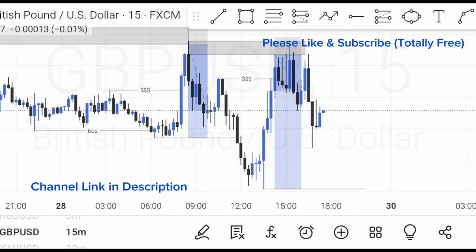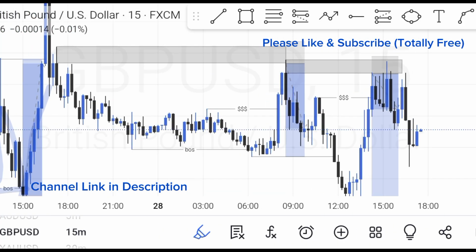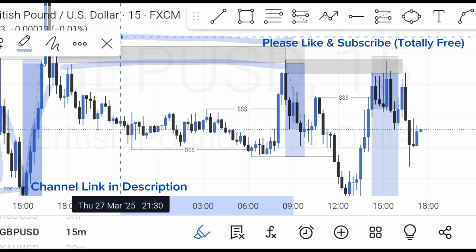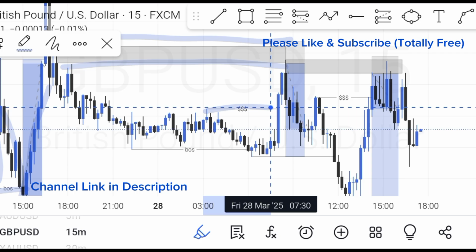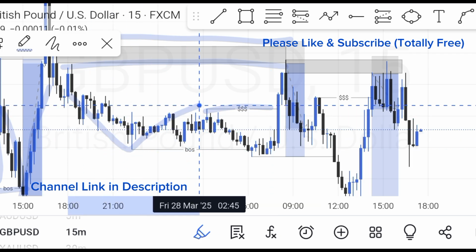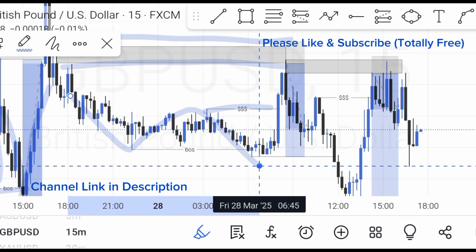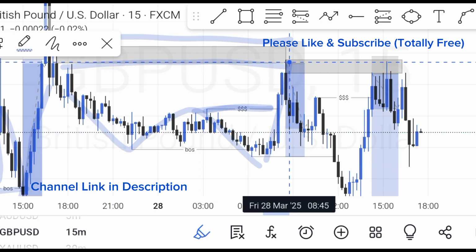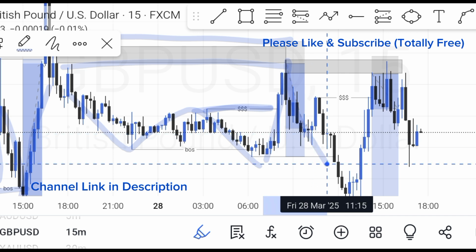Let me quickly explain this one also. Notice that we have a POI at this point. This was our inducement. Price was coming from the downside, now created a leg. Now this is our inducement zone. So when price took it out, I knew we were already about to be selling, so I took a sell, taking it down to this low.